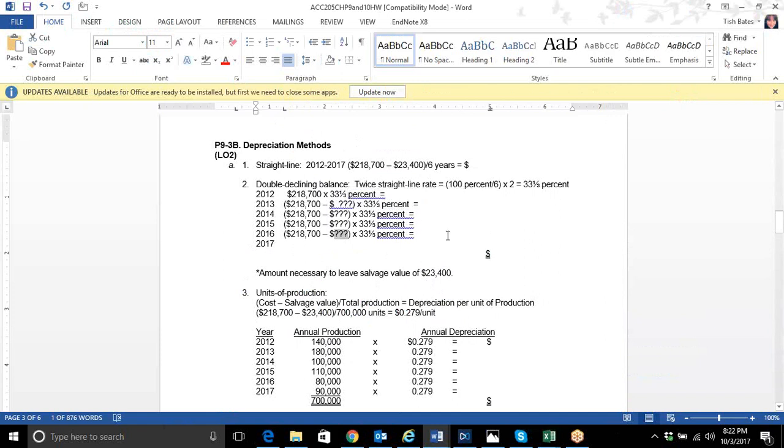And then 2017 is just going to be whatever the remaining balance is. So there should only be a partial balance at that point that's necessary to leave a salvage value of 23,400. Okay? Make sense?